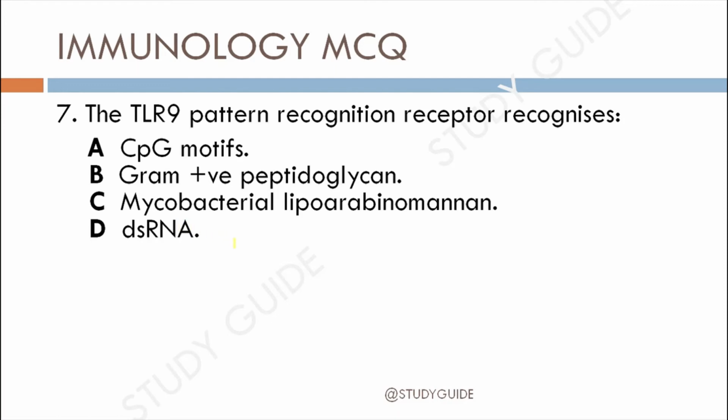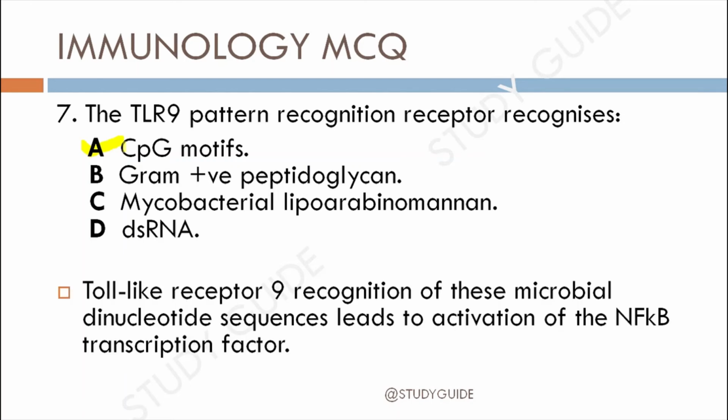If you have knowledge about toll-like receptors, you can get it very easily. The correct answer is option A, CpG motifs, because TLR9 recognition of these microbial dinucleotide sequences leads to the activation of the NF-kappa B transcription factor.